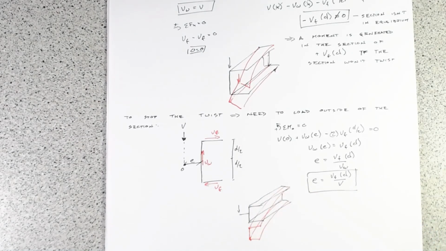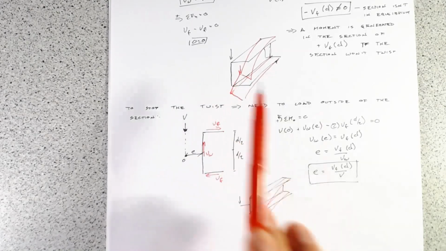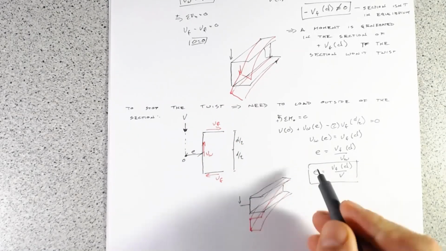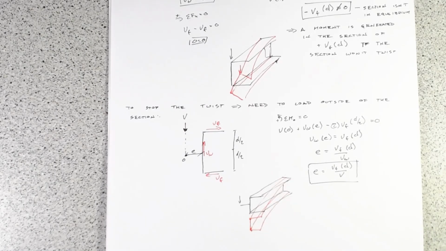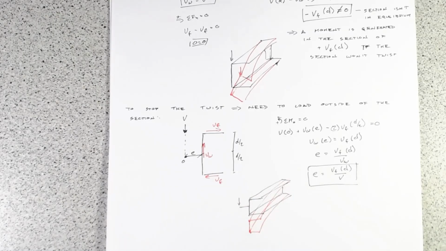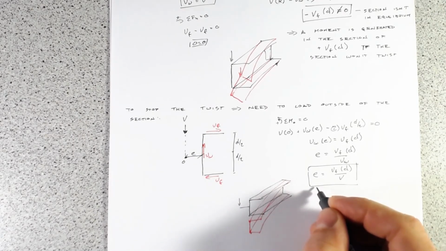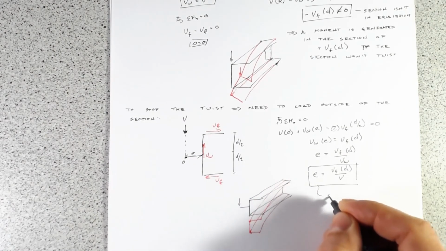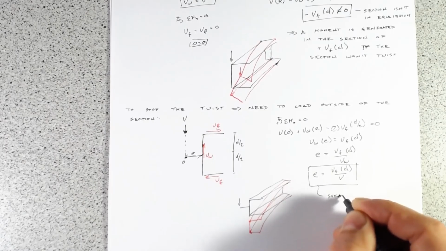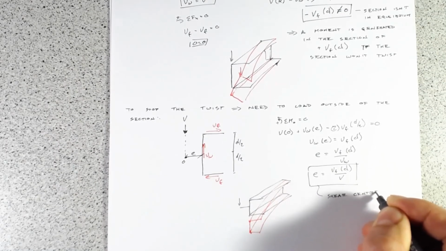So hopefully you can tell the difference between this coming straight down and that one torquing. Now, this value e is really important because we use a lot of channels in structures. And we call this distance the shear center.